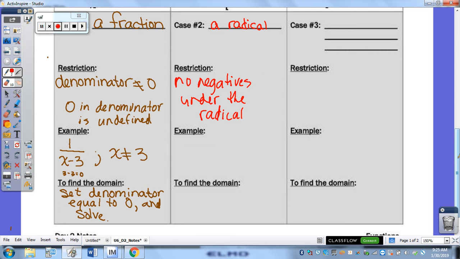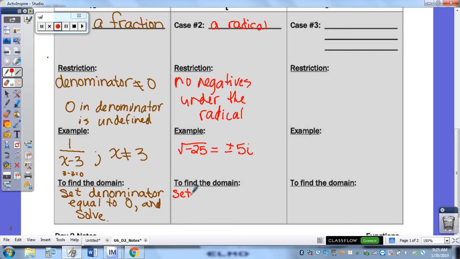So here was my example. The square root of negative 25 would be plus or minus 5i. I can't graph that because I'm not graphing on an imaginary plane.